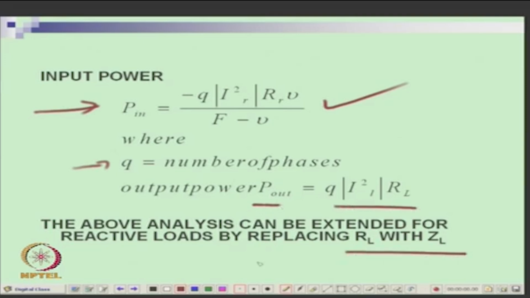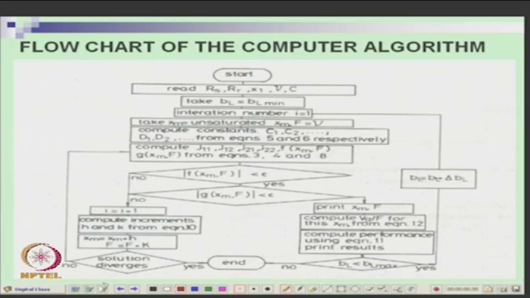So, you can develop a computer program. What you do is you start and read the parameters. What parameters do you know for the machine? Stator resistance, rotor resistance, leakage reactance, speed and capacitor, that is what you know. Then you also take the minimum load RL.